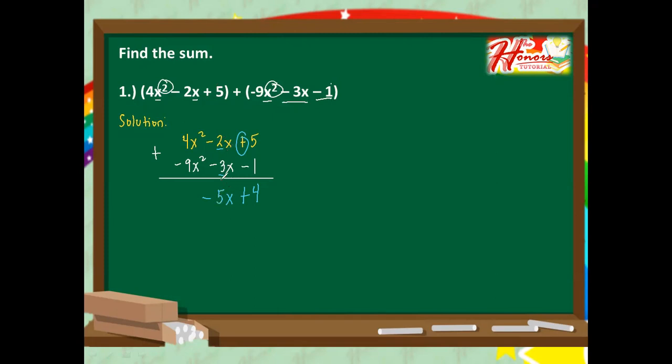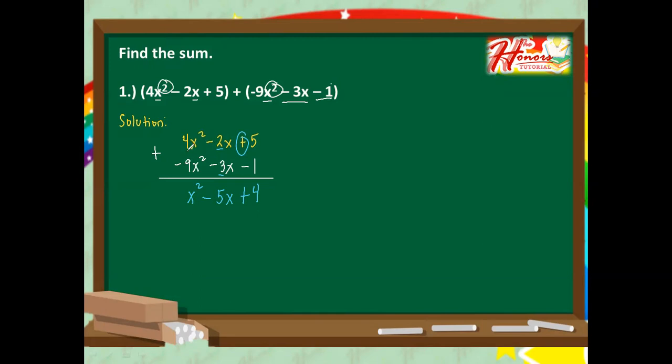And then let's proceed with 4x squared minus 9x squared. So this is what we are going to do. We have to copy the variable, which is x, and then copy the exponent, which is 2. They have the same exponents, right? So copy it. And then, as you can see in here, we have positive 4 and negative 9.